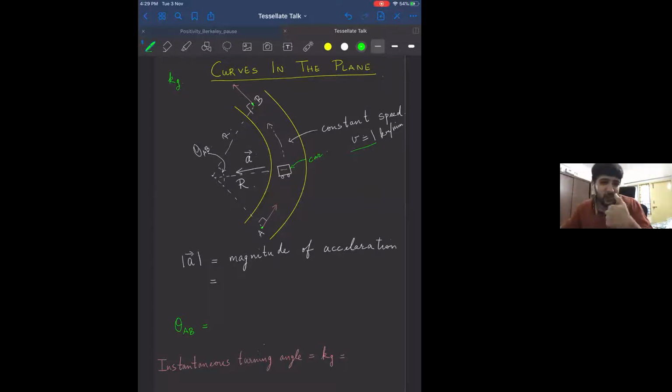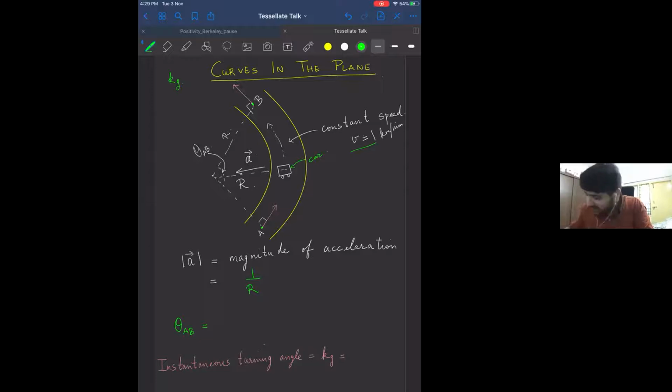Then high school physics tells you that there is this acceleration towards the center of the track. Of course, there's no acceleration in the tangential direction because your speed is constant. But there is an acceleration in the central direction, and the magnitude of that acceleration is precisely 1 over r, because it's normally v squared over r, but my speed is 1, so the acceleration is 1 over r.